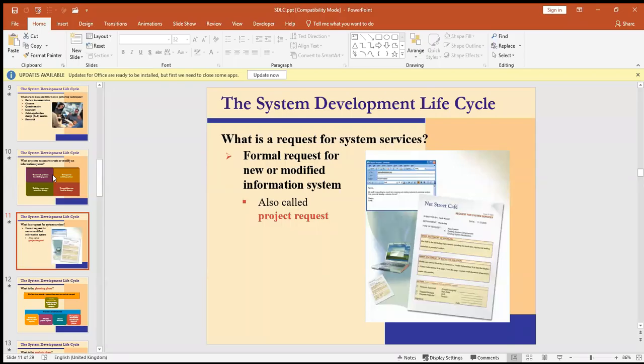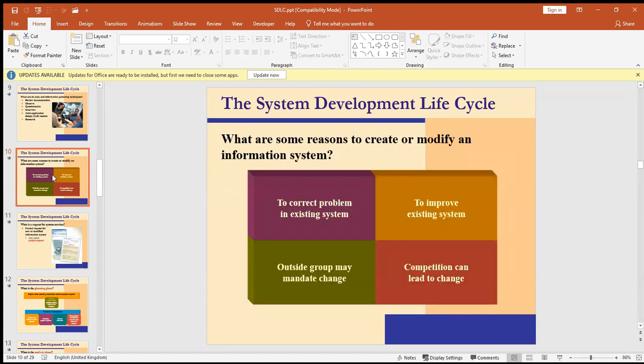So we have looked at the key issues in as far as information systems are concerned. Why should a system be created or modified? We have said that first of all, to correct a problem. Then we have also said to improve.